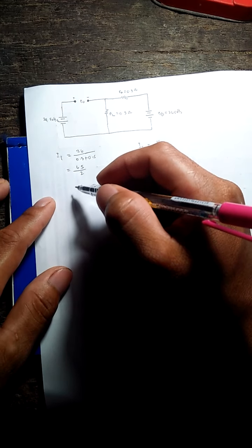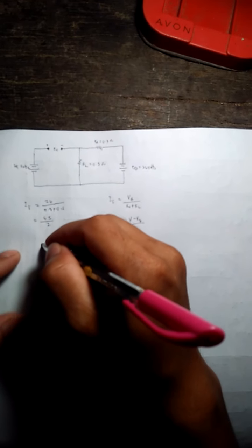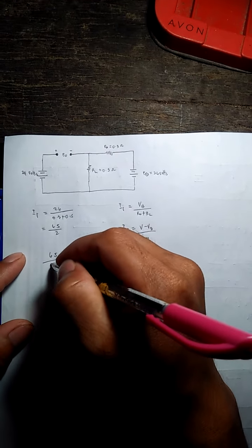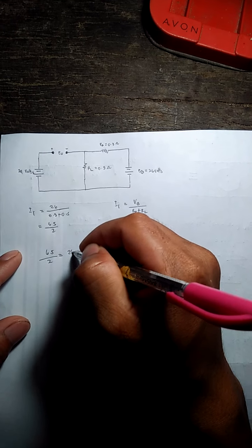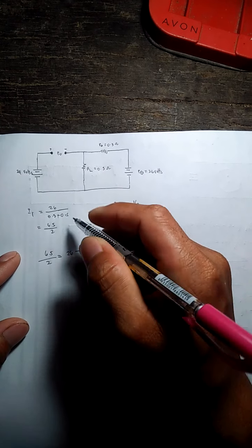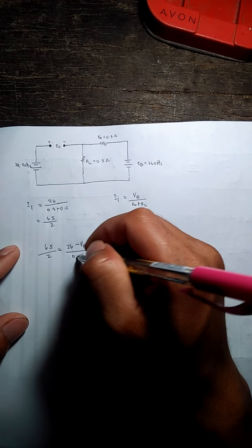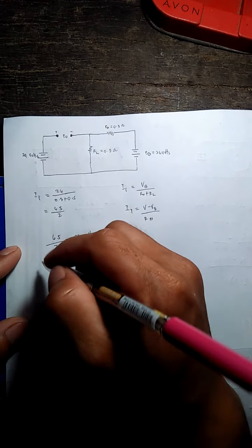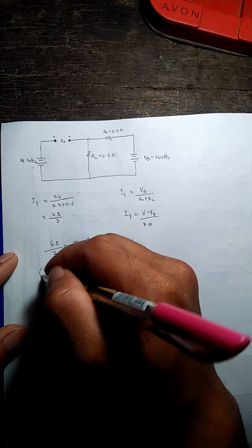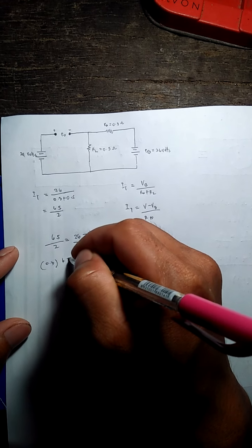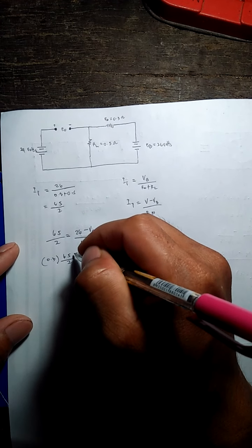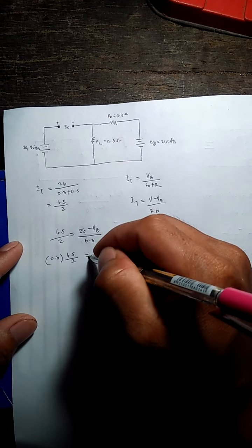We have 65 over 2 is equal to 26 minus VB over 0.3. So cross multiply: we have now 0.3 times 65 over 2 is equal to 26 minus VB.